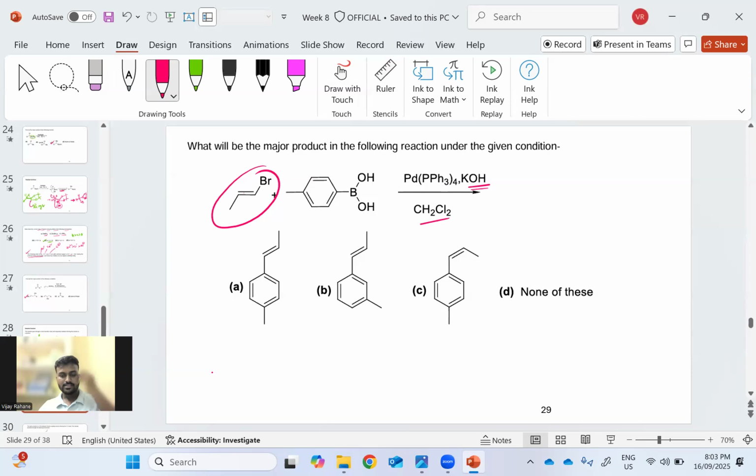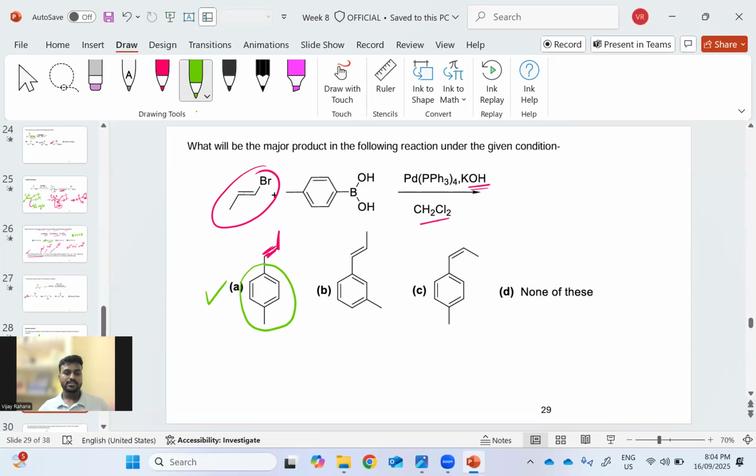In this case, this is basically a Suzuki type of coupling, or Suzuki coupling. This is the part of starting material A, and we have the starting material B. So product A is getting formed.